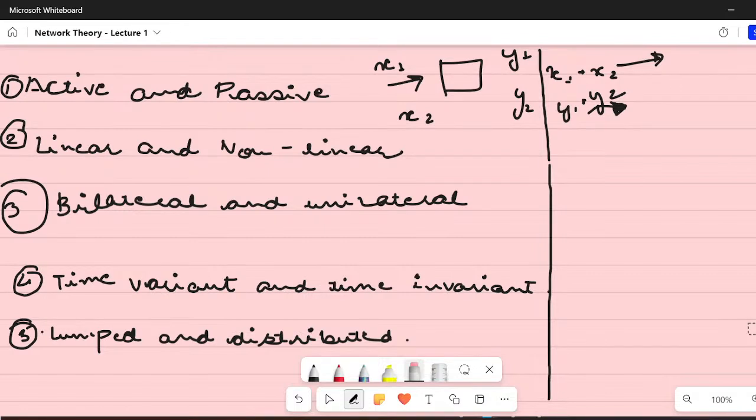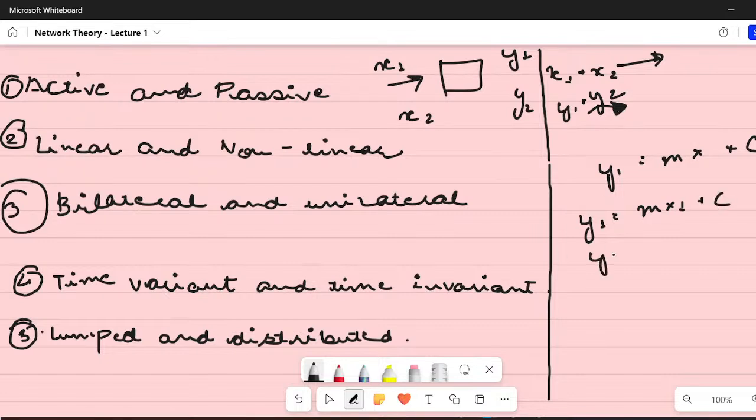Okay. So in case your network is defined such that y equals mx plus c. Now, if the input is given as x1, the output y1 would be mx1 plus c.